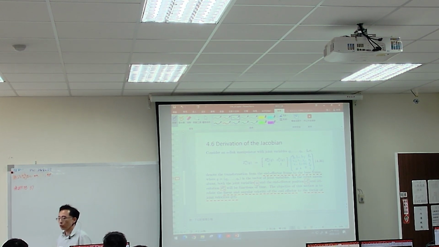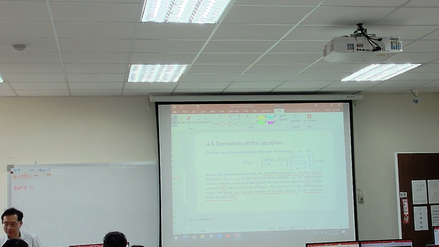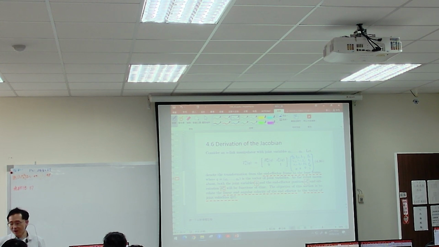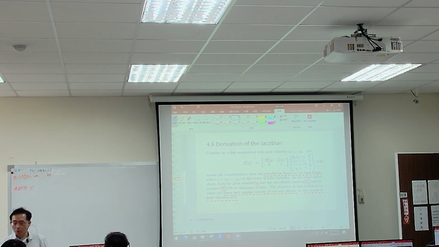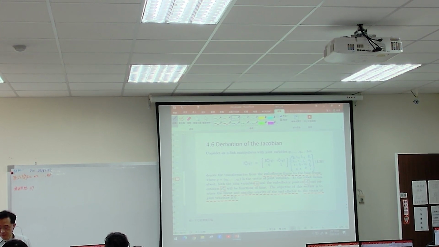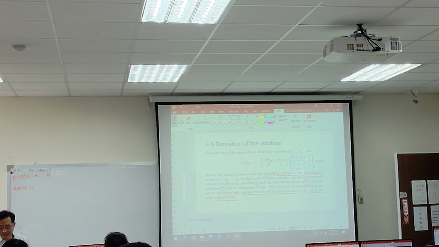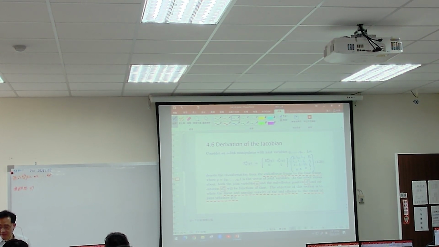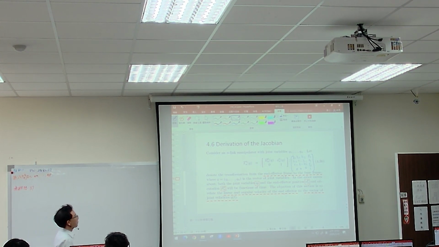Over here we have two pieces of information: the rotation matrix and the position matrix. And we also have a joint variable they call q_i. When they say q_i, it means which joint it is. So the objective of this section is to relate the linear and angular velocity of the end-effector to the vector of joint velocities, q_i dot.